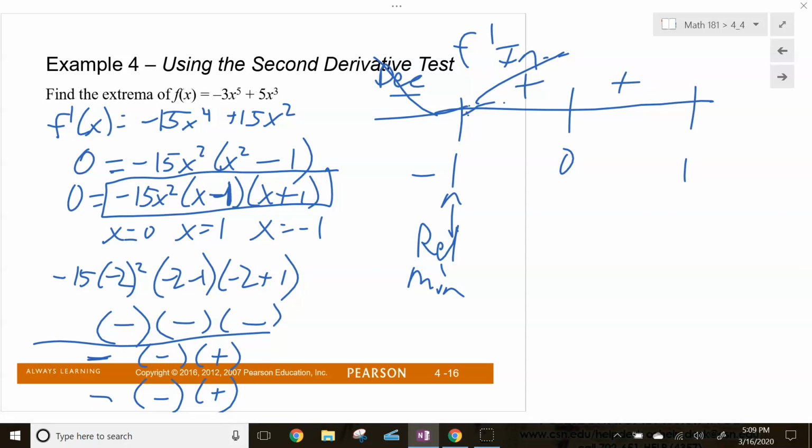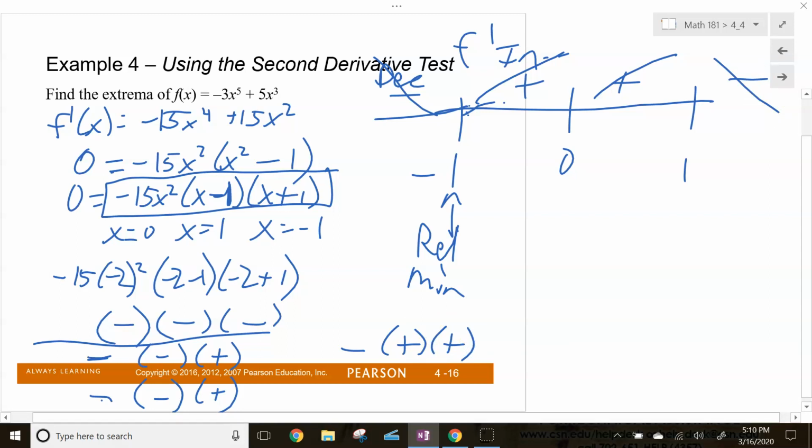Half minus 1, half plus 1. Yeah, negative, positive. So then we increase. And then after 2, plug in 2, and we got negative times a positive times a positive, so this is negative there. Okay.